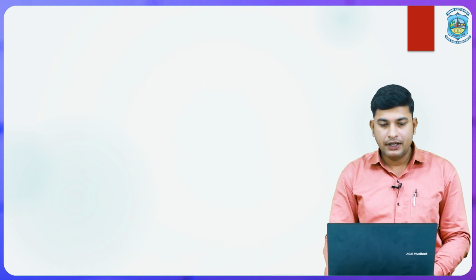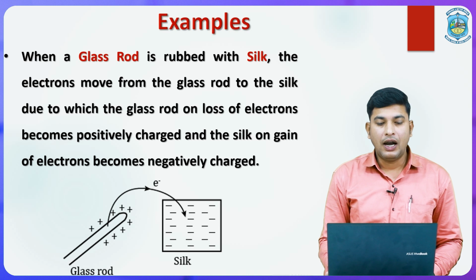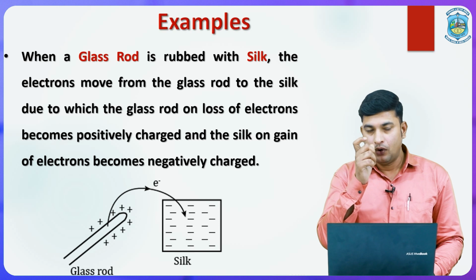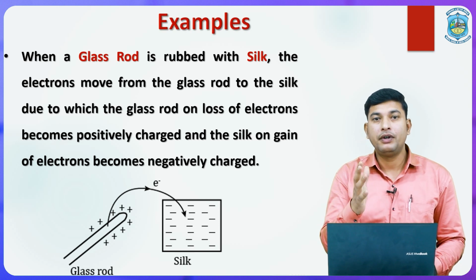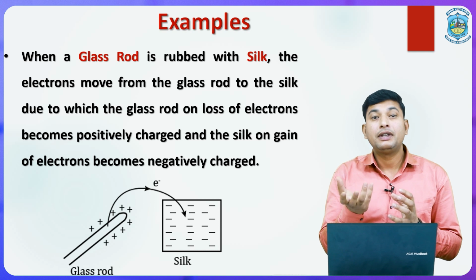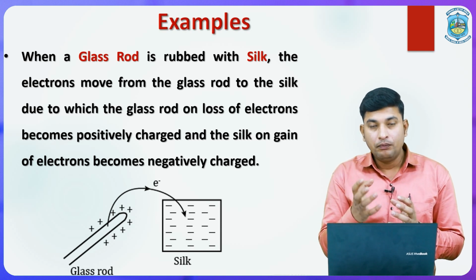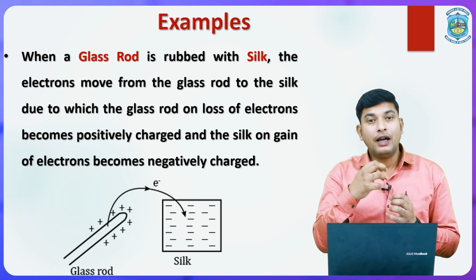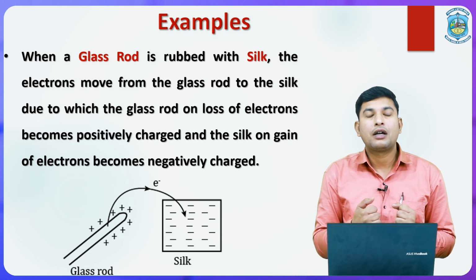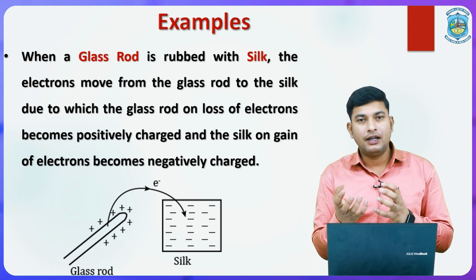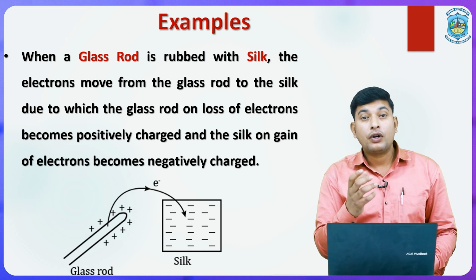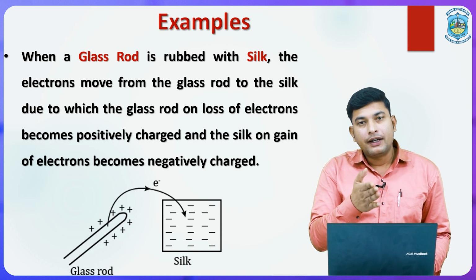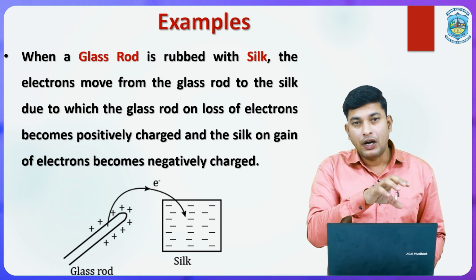Let me take some examples. First, when we rub a glass rod with silk, as we have already studied in multiple books, the electrons from the glass rod travel towards the silk. So, in comparison to the silk, the glass rod's electrons are loosely bound, so they can easily come out from their orbits and get transferred from the glass to the silk.